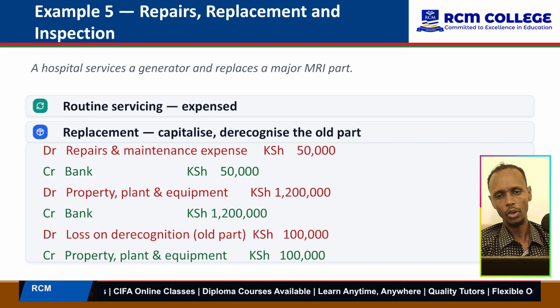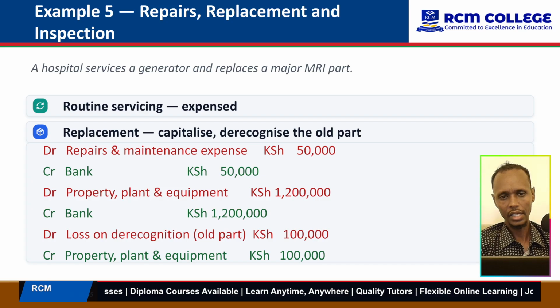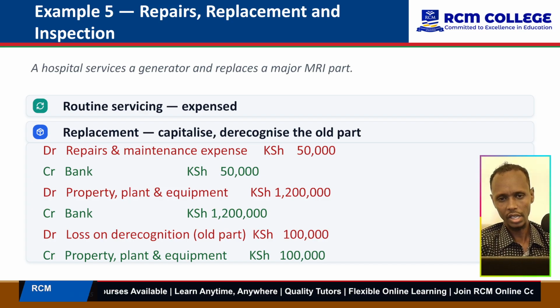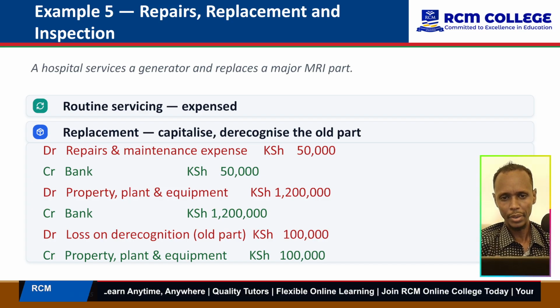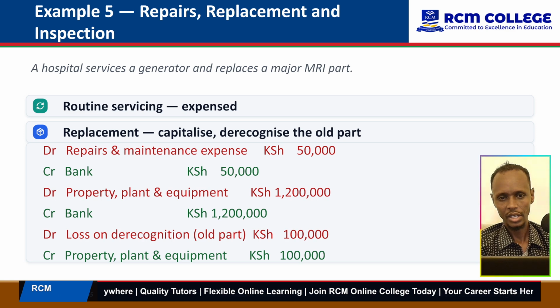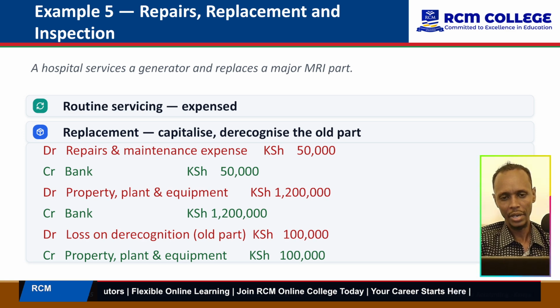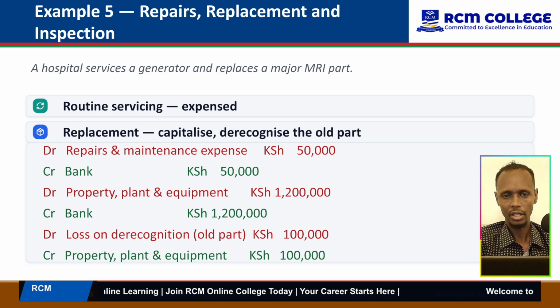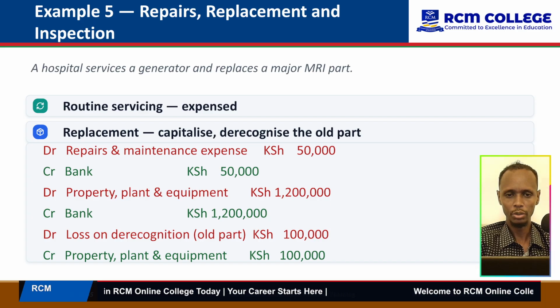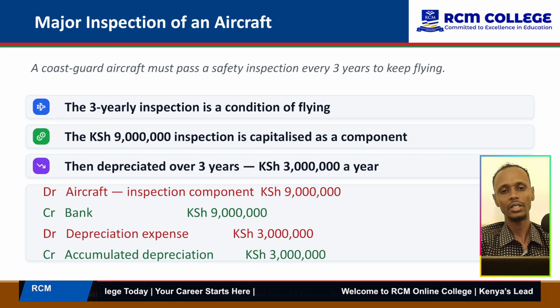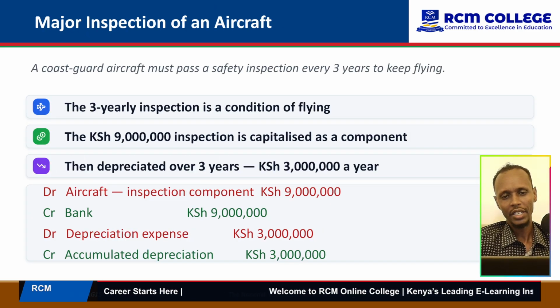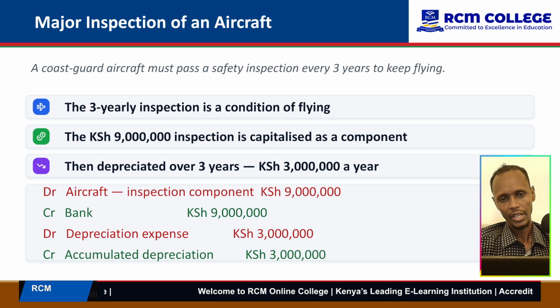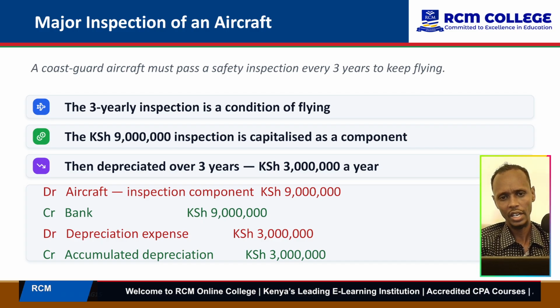Okay, so this is an example with figures. Routine servicing is expensed. Replacement is capitalized, and you derecognize the old part. I will share so that you can see what to debit and what to credit, but this one is straightforward. Major inspection of an aircraft: how do you recognize it?